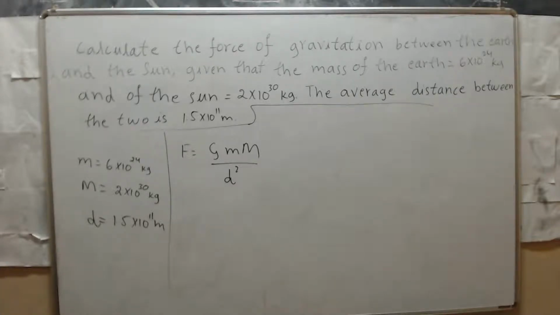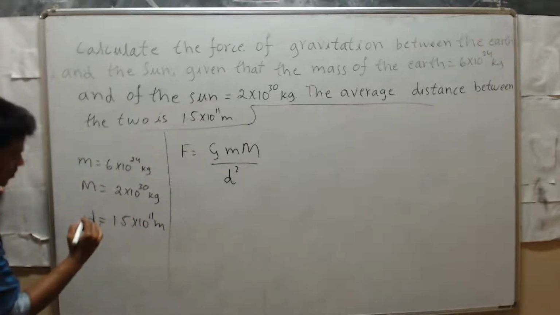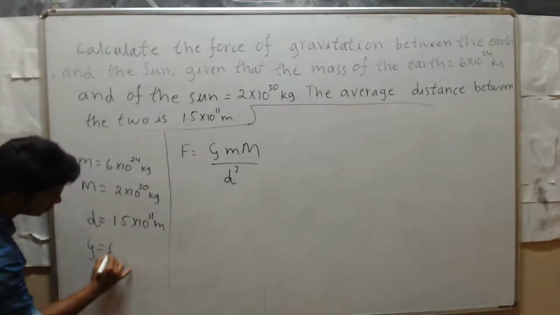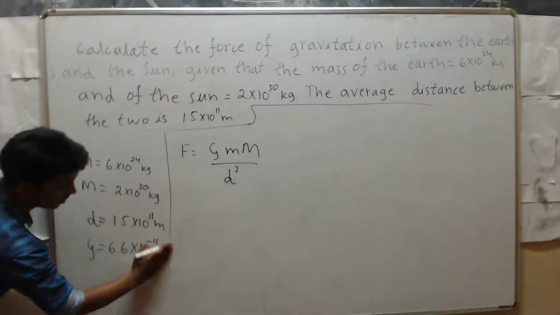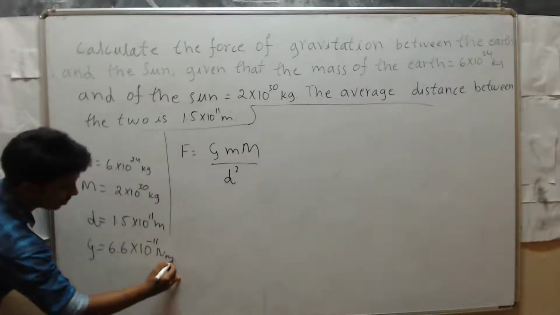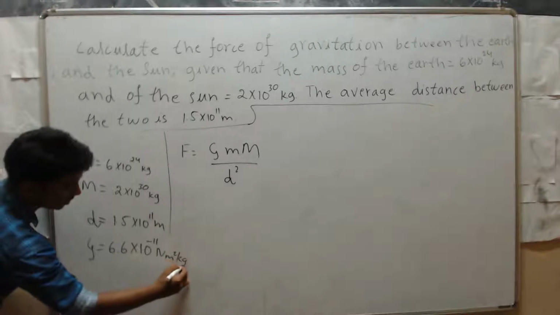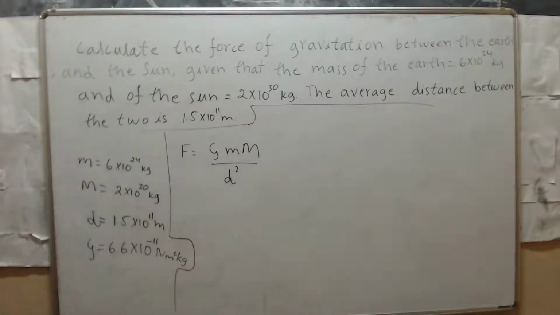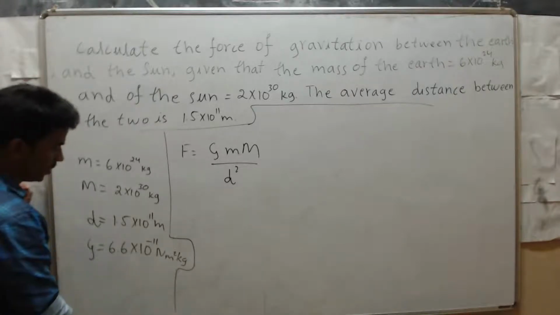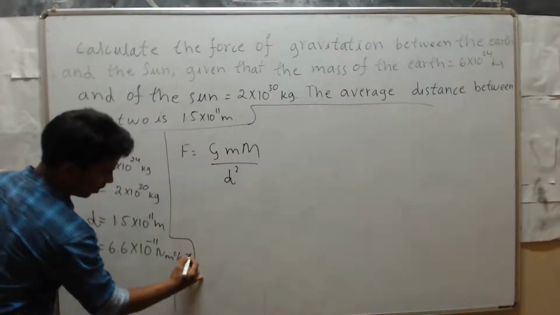Capital G is 6.67 into 10 raised to minus 11 Newton meter square per kg square.